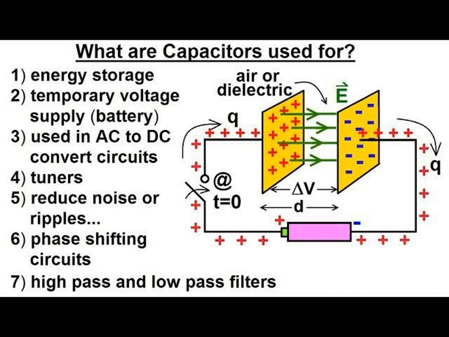Then, let me just explain this particular one for you. V is equal to ED, right? Good. E is equal to KQ over R squared, the electric field intensity. Substitute that in that equation, and then you come up with KQ over D as your V. Good. If I have V as KQ over D, and I know that C is quantity of charge per voltage, I will just substitute my voltage at the bottom of my C, which is Q over V, and then make my C the subject of the formula.